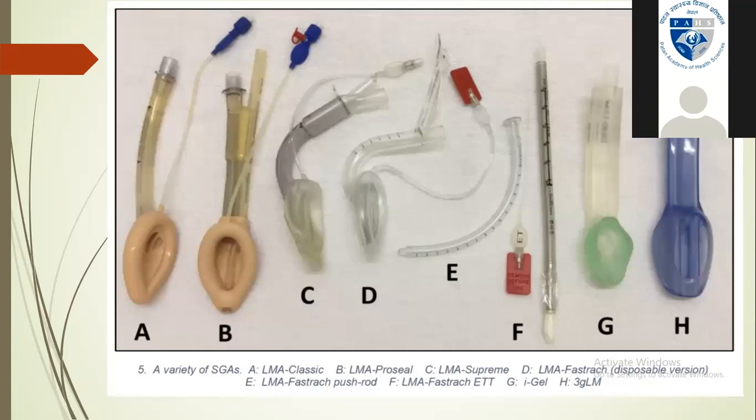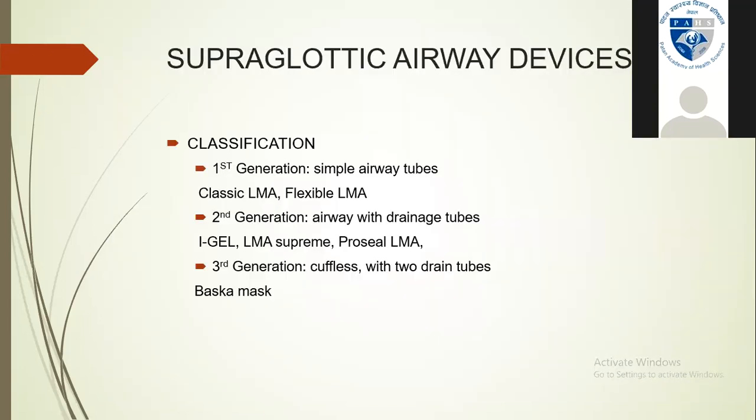We can see the various types of laryngeal mask airways. Dr. Brain invented the classic laryngeal mask airway in the 1980s, and it has been modified a lot of times, and depending on the modification, it has several advantages and different uses. Today there are basically three generations of supraglottic airway devices.